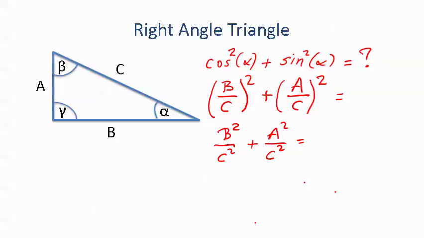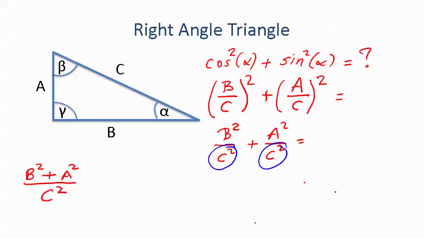In this particular case, these fractions have the same denominator, c squared. So by performing this addition, we end up with b squared plus a squared divided by c squared.